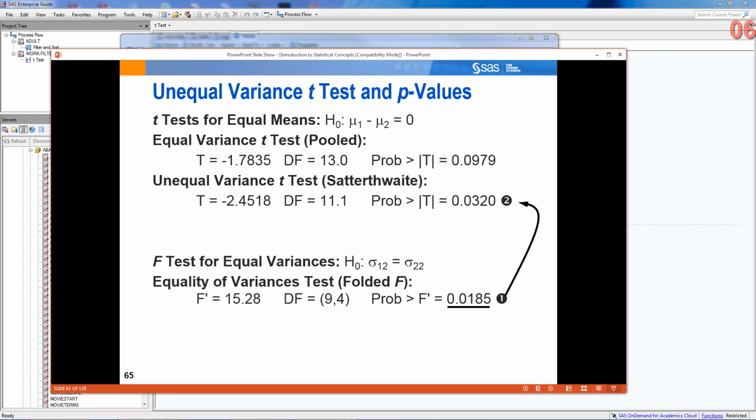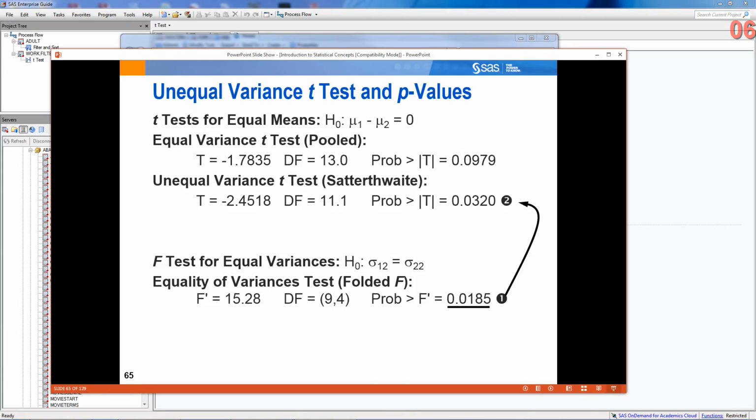So in the equality of variance test, the last line here shows that the probability of finding F greater than that number is very, very small, 0.01, which is less than 0.05. So this null hypothesis that the variance of the first sample is the same as the variance of the second sample is rejected. In other words, the alternative that the variance of the first sample is not equal to the variance of the second sample is supported, which means the variances are not equal.